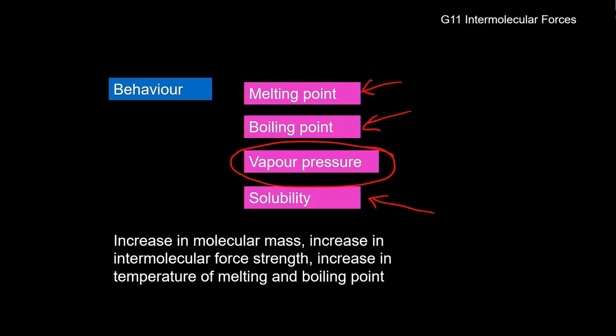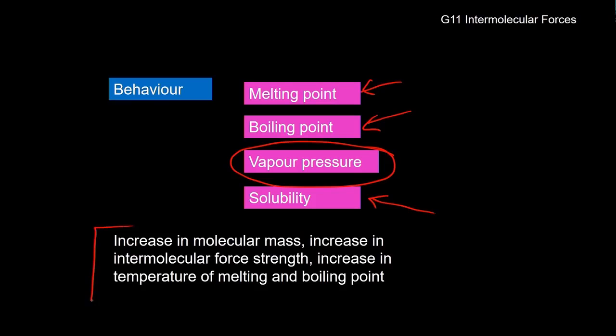Okay, now what we do know about the behavior of these particles, these molecules, these substances, is that as their molecular mass gets bigger, as it increases, so the strength of the intermolecular forces between them, their friendship ties, gets stronger as well.